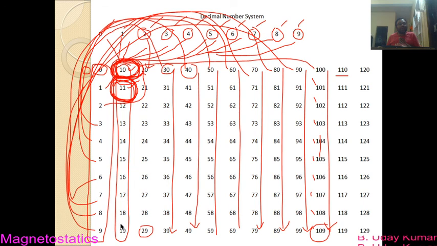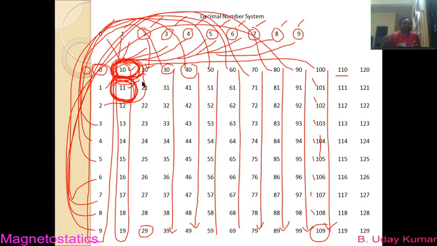Once 19 combinations are over, which gives you 199, the next 20 combination starts. So 20 0 means 200, 20 1 means 201, and so on. And likewise you continue with all the numbers. It's a chain process. If you write the combinations of 0 with all the digits, you get up to 9, right?